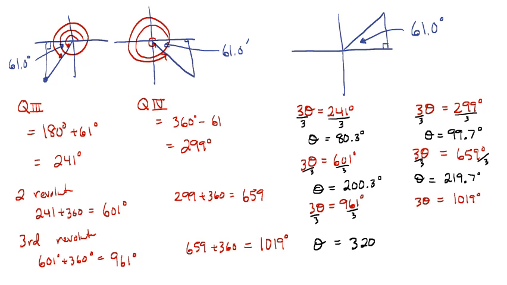And then theta finally is equal to 339.7 degrees. All right. So these ones with the check marks, that one, that one, that one, that one, and that one, those are all the answers. There are sort of 6 answers to this problem.